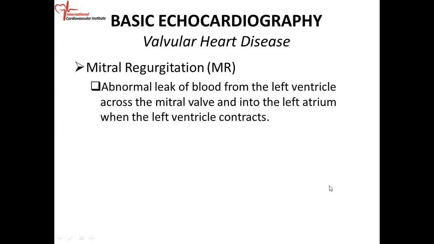And this occurs when the left ventricle contracts. So when the left ventricle contracts, instead of blood going solely across the left ventricular outflow tract, across the aortic valve and into the aorta, you have blood also flowing across the mitral valve into the left atrium.